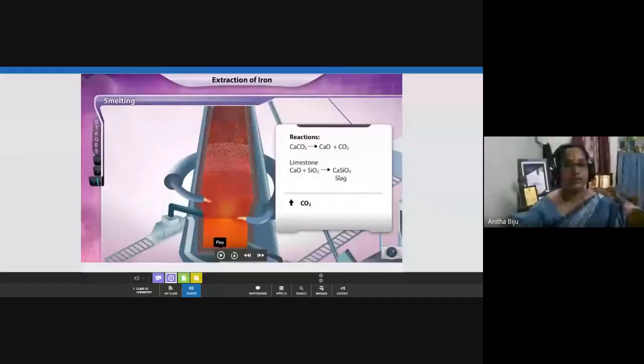It is an acidic impurity. Calcium oxide reacts with silicon dioxide forming calcium silicate, CaSiO3, the slag, in the slag zone. This molten slag sinks to the bottom of the furnace.